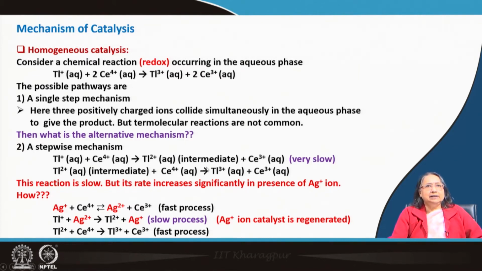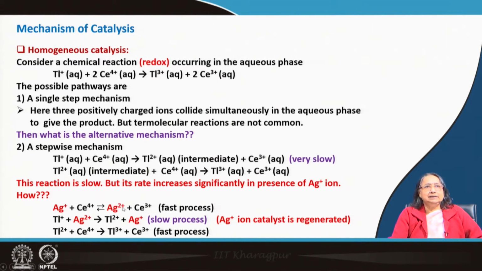Now, if we add silver plus ion here, and think of the mechanism in this way, we will see that the reaction becomes much faster than this one. What is happening? If the silver plus ion is added, then this is the reaction, a fast process, and then silver 2 plus is produced and cerium 3 plus is produced.